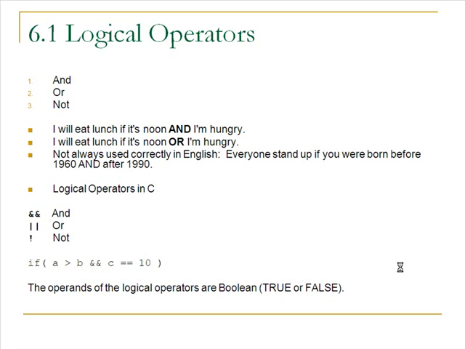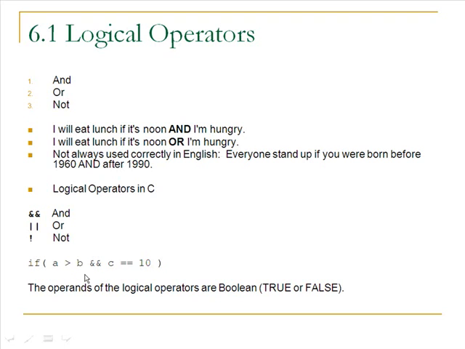So here's our first example of an expression that evaluates to true or false using logical and. So we write if A is greater than B and C is equal to 10. So we do the relational parts first. A is greater than B, and that will evaluate to true or false, and C is equal to 10, and that will evaluate to true or false, and then we AND them together.